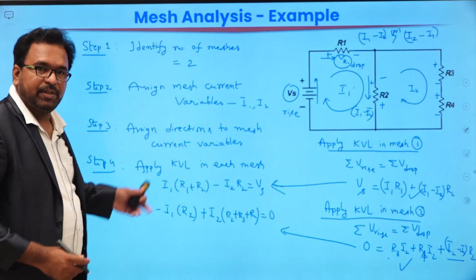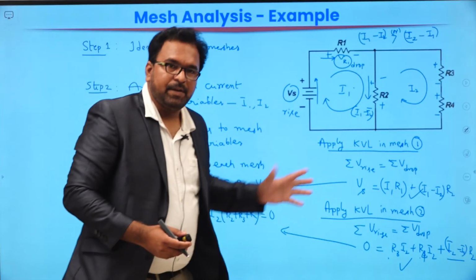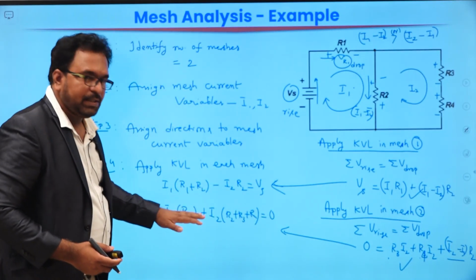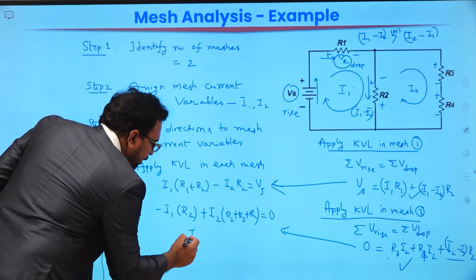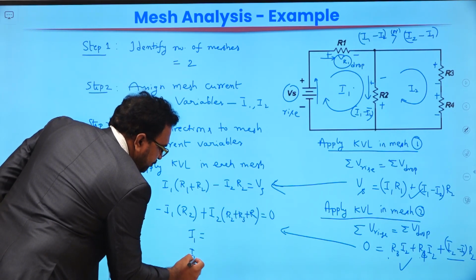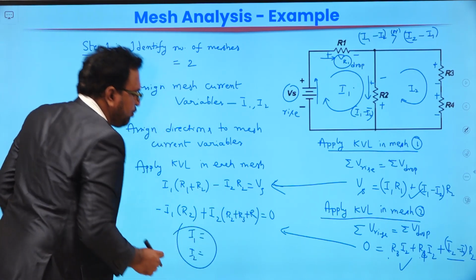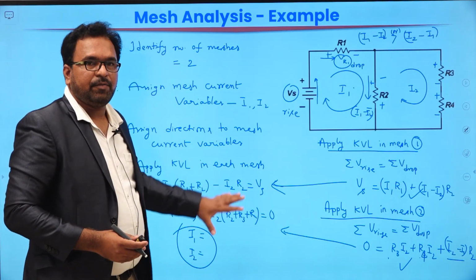So these are the two equations we got by applying KVL. When you solve these two equations, you will get I1 and I2.